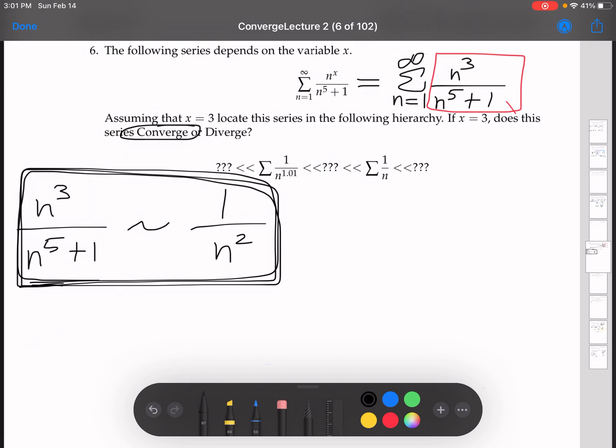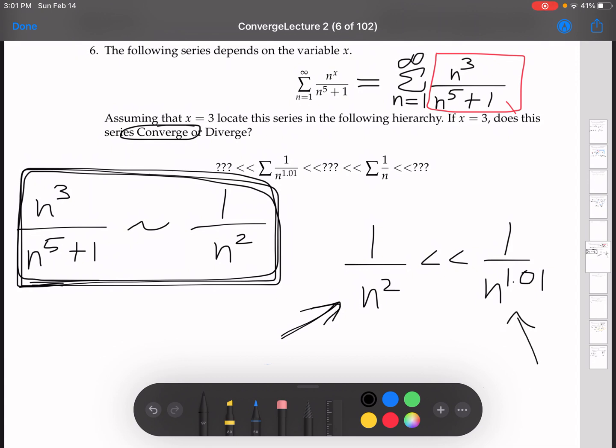So now let's think about this. 1 over n squared goes to infinity slower than 1 over n to the 1.01. And this is because here we're dividing by more, right? We're dividing 1 by more over here than we are over here.